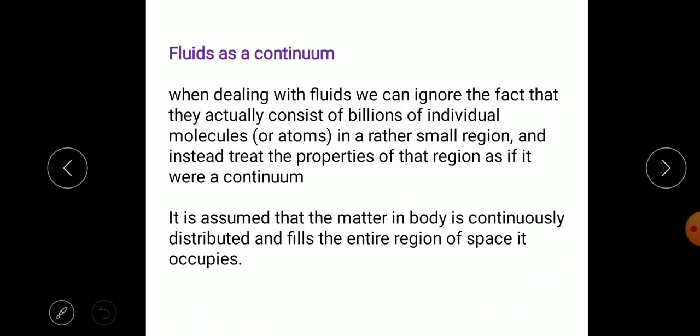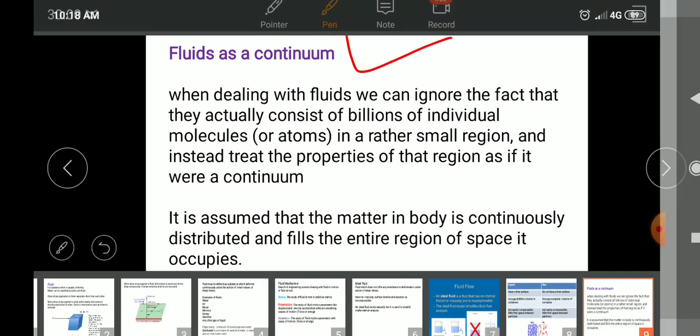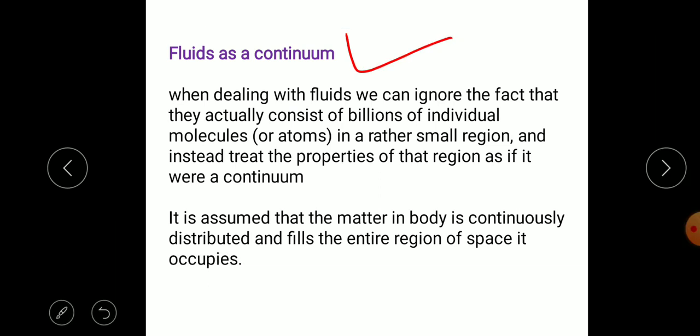Next point is considering the fluid as a continuum. Actually we consider any matter or substance to be made up of a large number of molecules, so certain gaps may be between these molecules. Suppose a solid rod is considered.